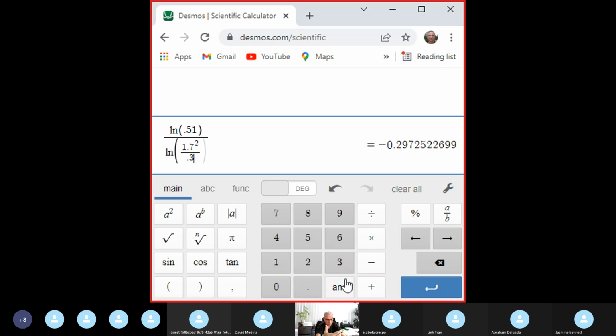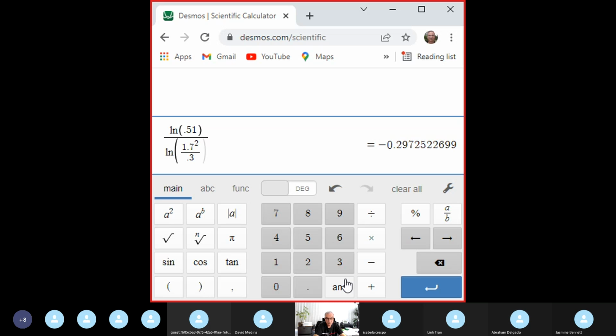Makes sense or no? Or is it a contradiction or something? Okay, remember the base of the logarithm that we are working with in this problem is e. e is 2.7 something, and this is greater than 1. However, the number that you put inside the argument is 0.51, which is less than 1. That is the reason that the logarithm at the top is negative.